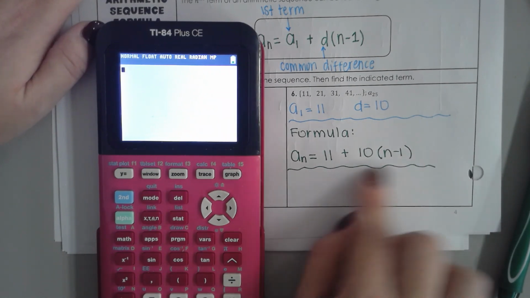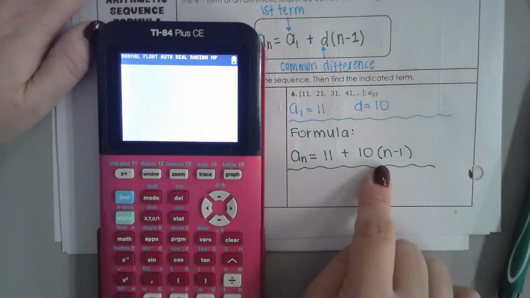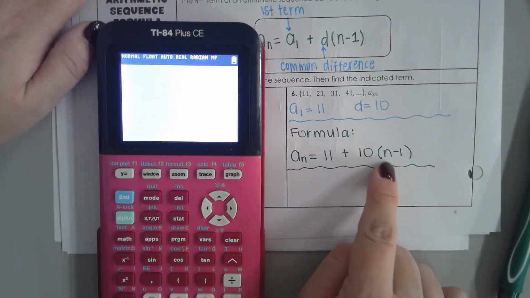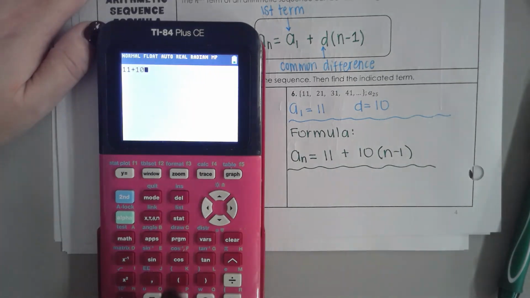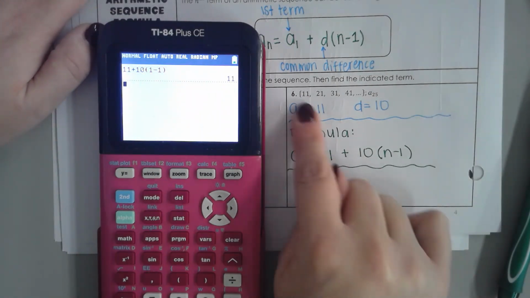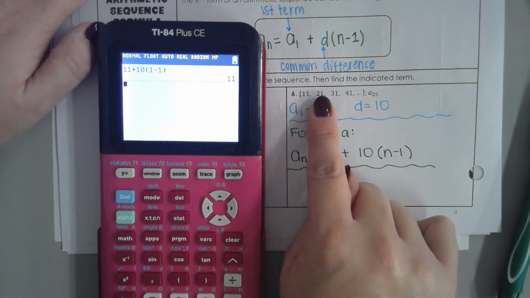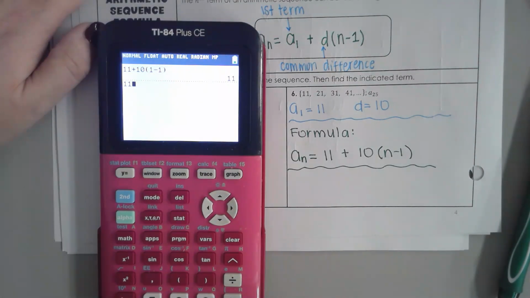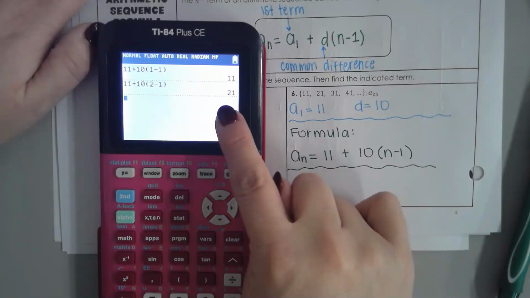And I can check to make sure I've got it right. If I plug in my first term, I plug in a 1 for N, I get 11. That's my first term. If I plug in a 2, I should get 21. 11 plus 10 times 2 minus 1, I get 21.